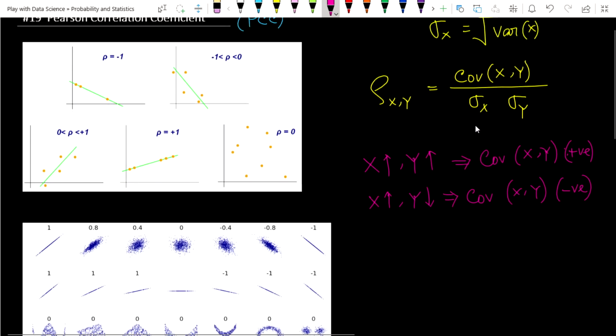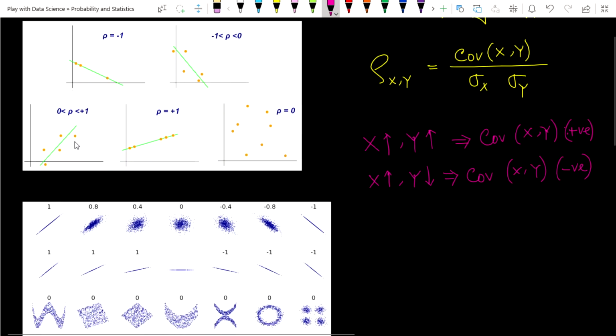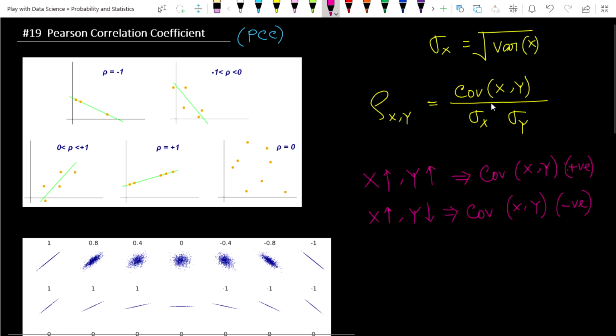Sigma x means standard deviation, which measures how much our data set is deviated. If we simply divide the covariance by these standard deviations, we get the value of sigma xy.